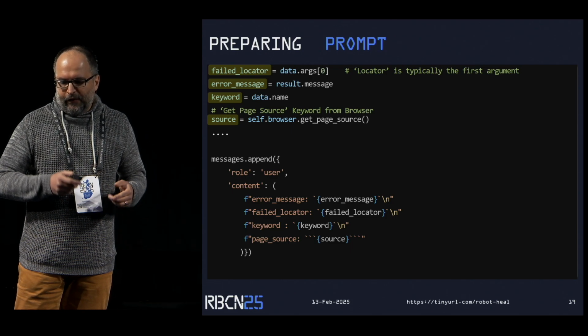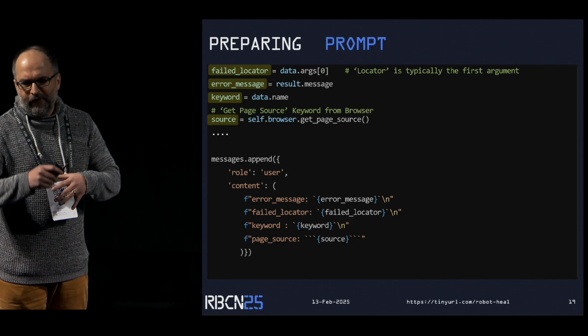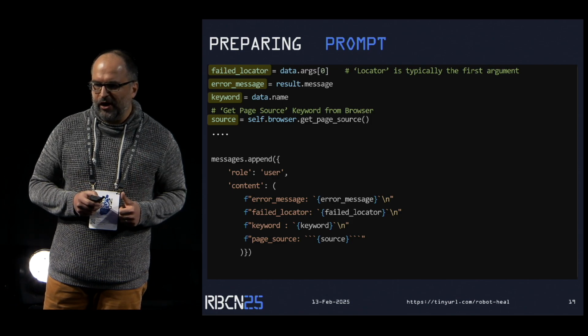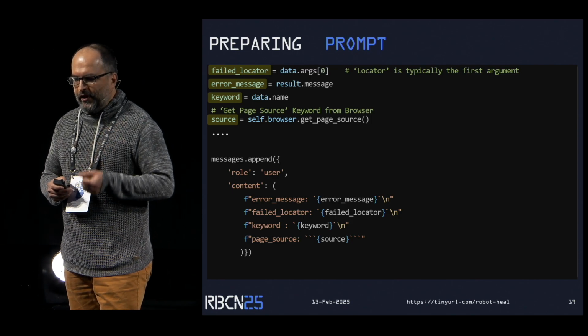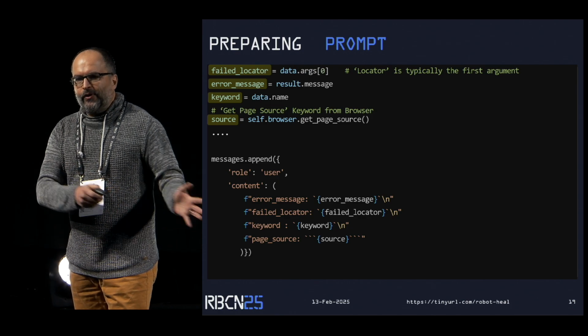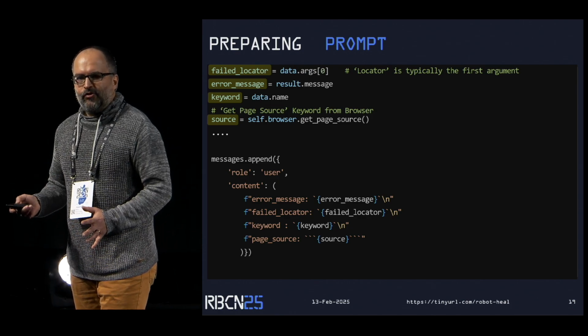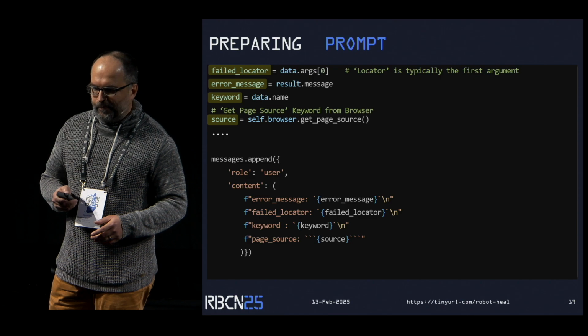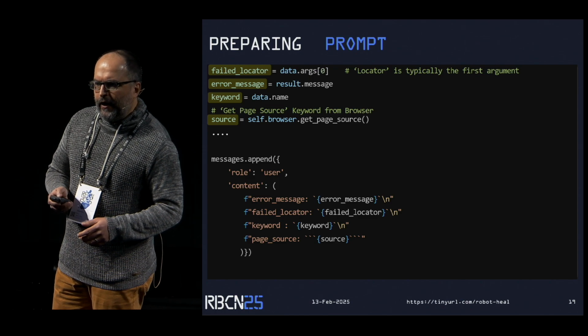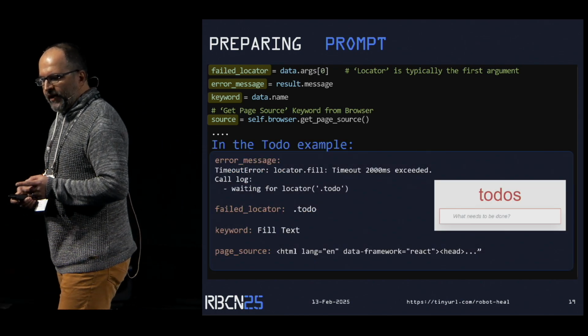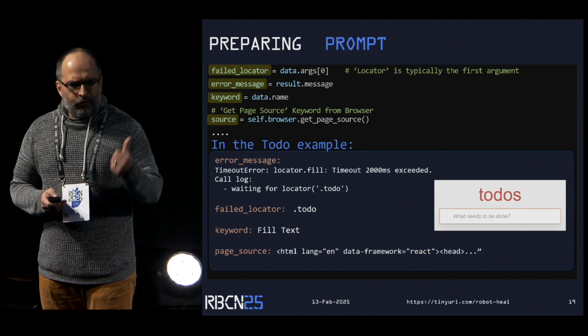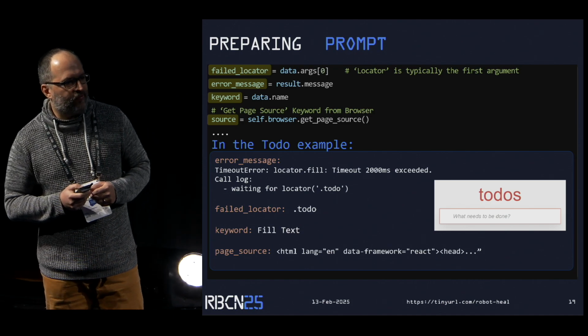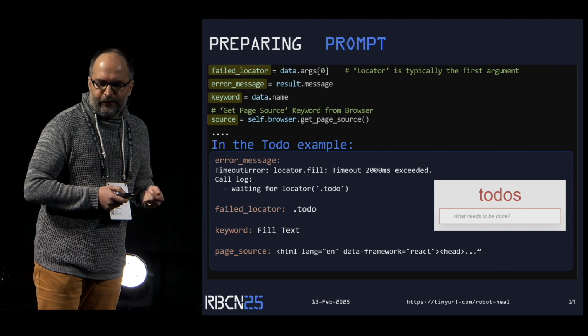And finally, I'm putting this information together in a dictionary that you can see here. I add it to a list of messages, and this is what I will send then to the large language model. Yeah, this is all the information it needs. And if we look at the current example, the to-do app, this is the kind of information I would send for the failed input field here.